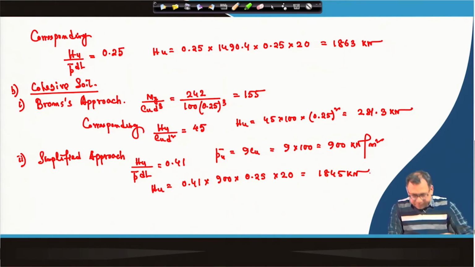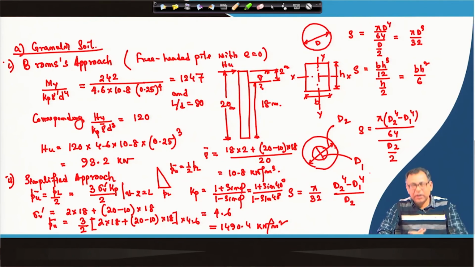So, this way we can calculate the ultimate lateral load capacity of a pile depending upon its fixity condition, whether it is a free end or a fixed end, or whether it is within the granular soil or the cohesive soil.